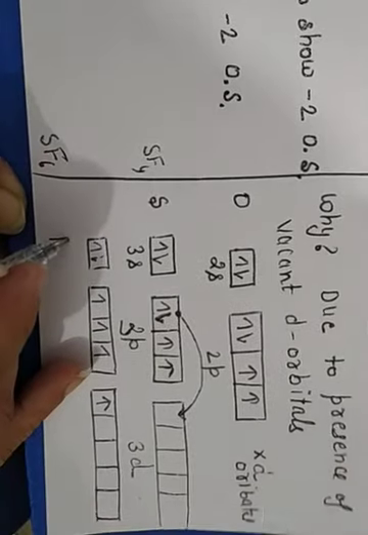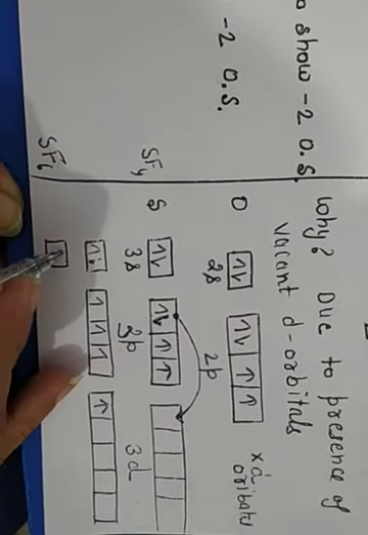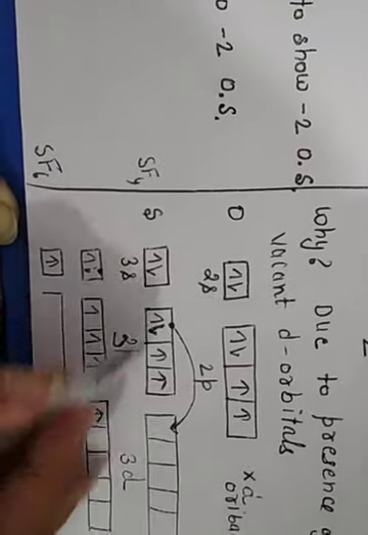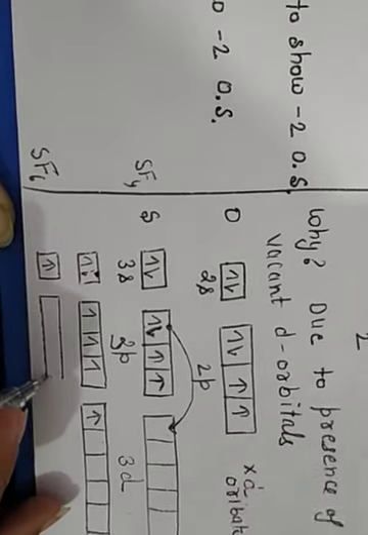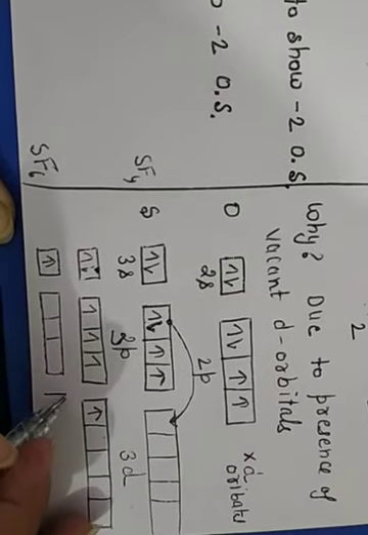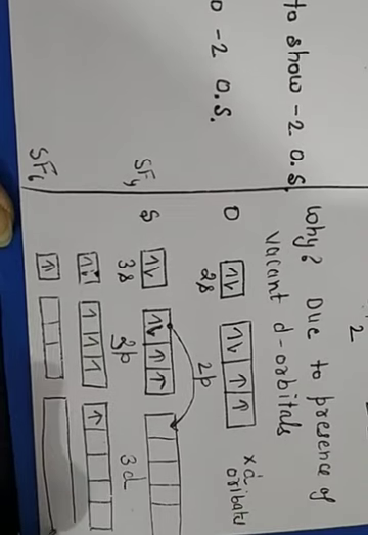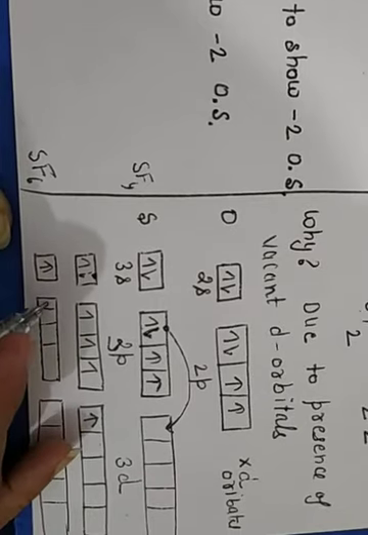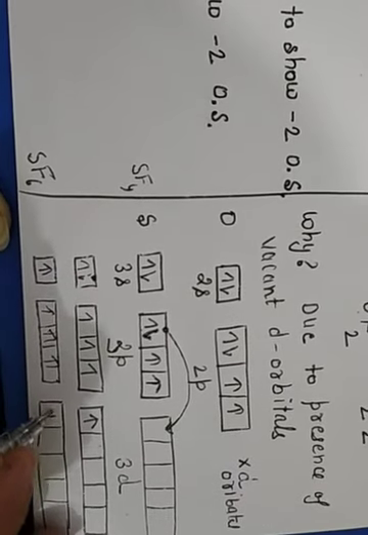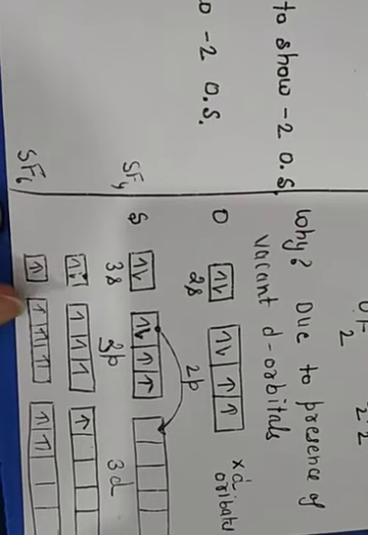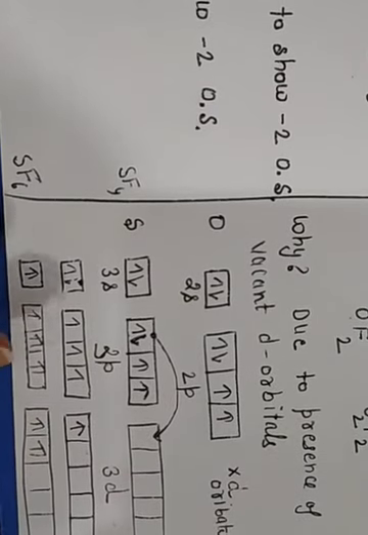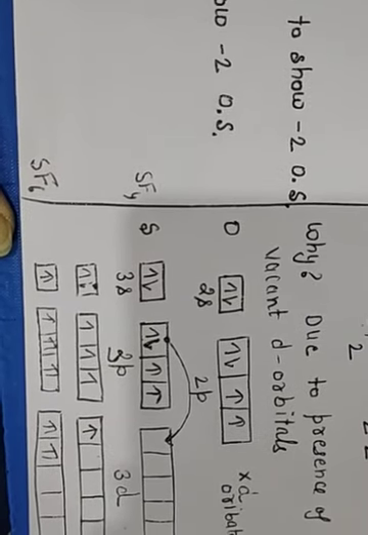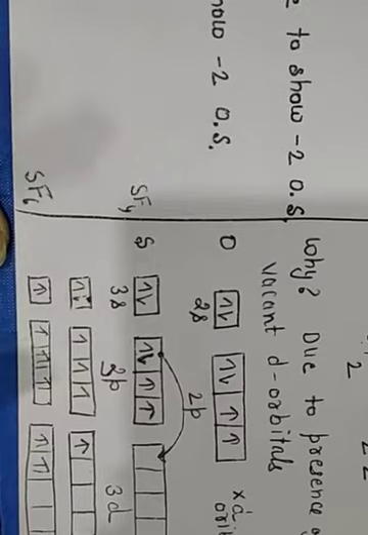So now one more electron is promoted, that is from 3s to 3d, to make 6 half-filled atomic orbitals. Now 1, 2, 3, 4, 5, 6. In this case, sulfur has the tendency to form 6 bonds, isn't it? So for oxygen, only +2 oxidation state exists.